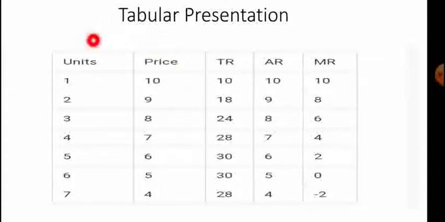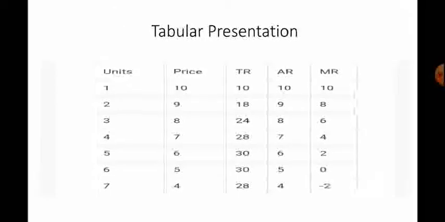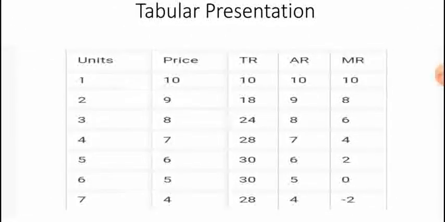Means the first two columns indicate if a producer or a seller wants to sell more of the commodity, he will have to reduce the price level. Now, this is the quantity continuously increasing and price level continuously decreasing.